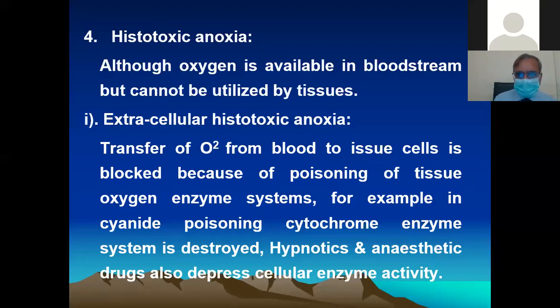Extracellular histotoxic anoxia means the oxygen from the blood to the tissues is not possible because it involves enzymes like cytochrome oxidase, which are poisoned by some drugs or poison. So the transfer of oxygen from the blood to the tissues is not possible.